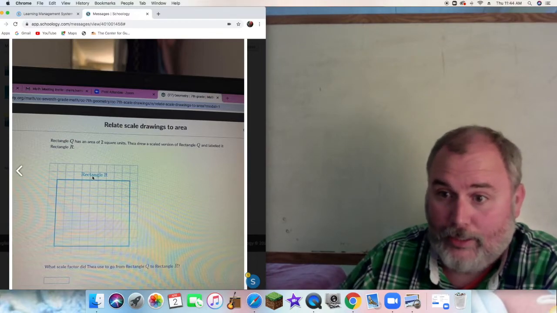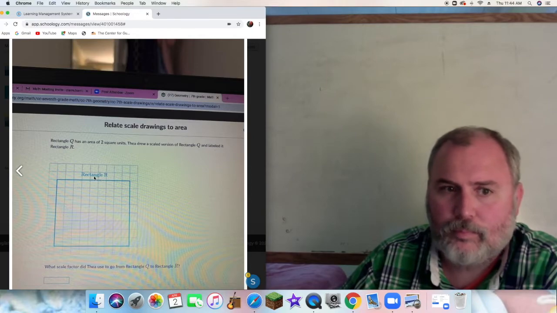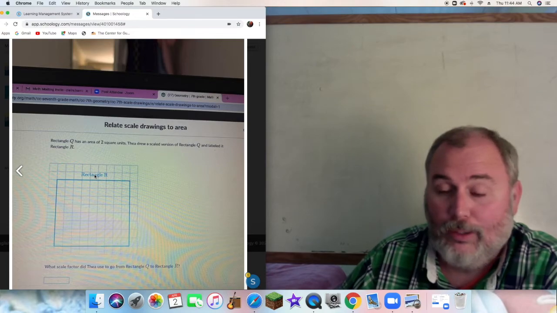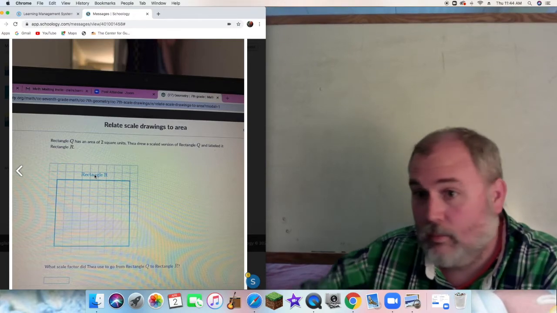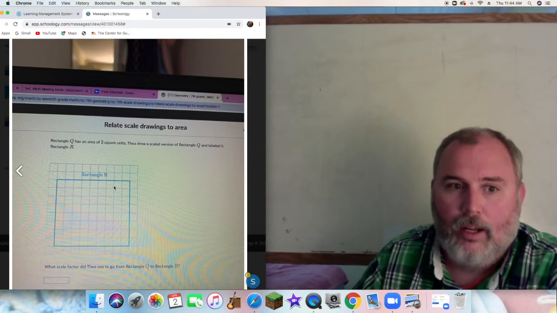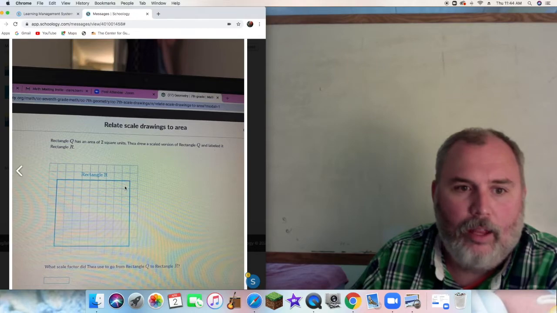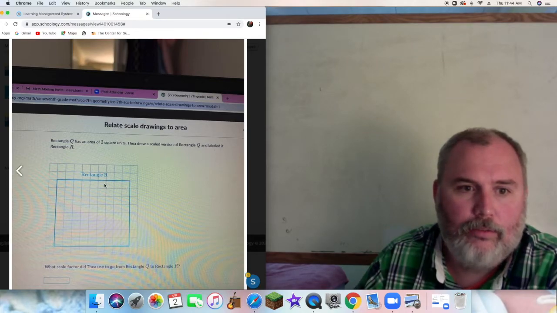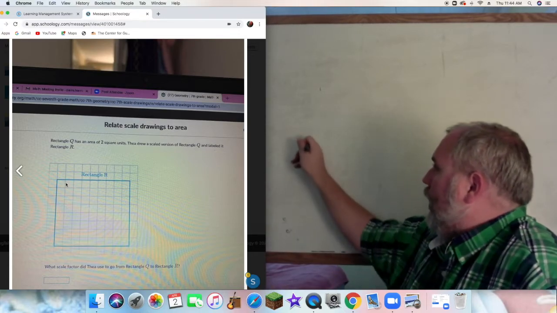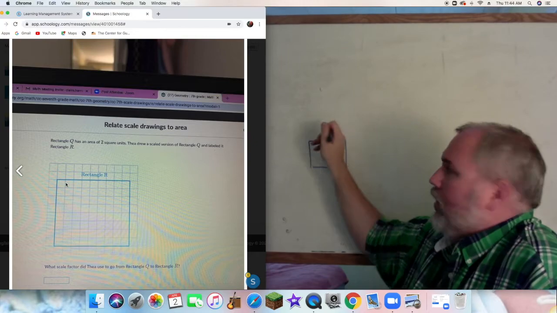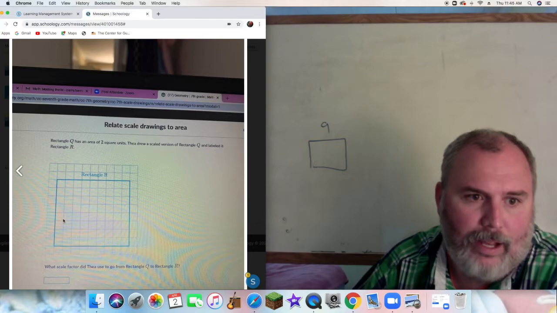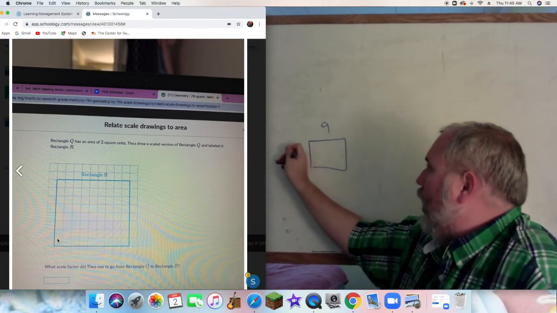On your screen, you have rectangle R. So let's see if we can figure out the area of R. If we count it, we have 1, 2, 3, 4, 5, 6, 7, 8, 9 that way, and 1, 2, 3, 4, 5, 6, 7, 8 that way.